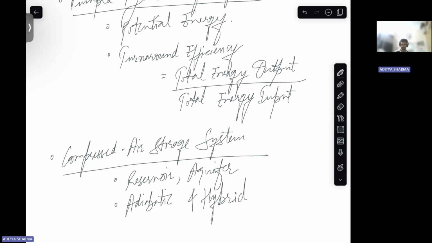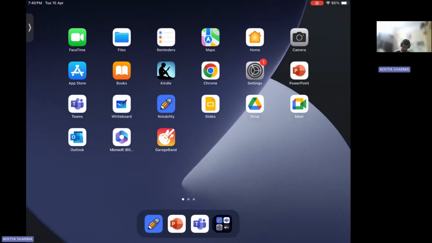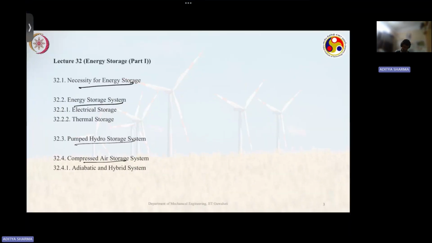Okay, so this is your compressed air storage system. So these were topics related to your lecture number 32.